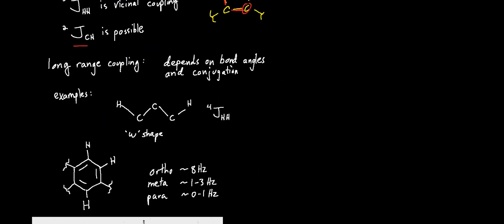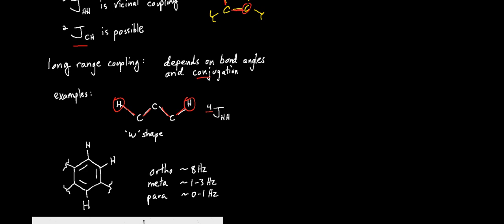There's also the phenomenon of long-range coupling. So long-range coupling depends on configuration, conformation, other things like conjugation, for example. But these two protons will show 4 bond coupling. 1, 2, 3, 4 bond coupling to each other. It'll be very weak coupling, most likely, due to the W shape, interestingly.